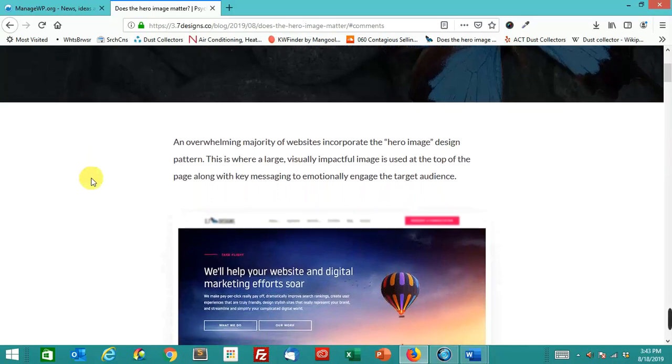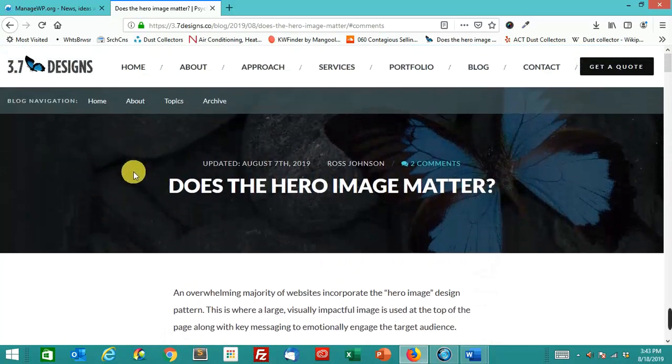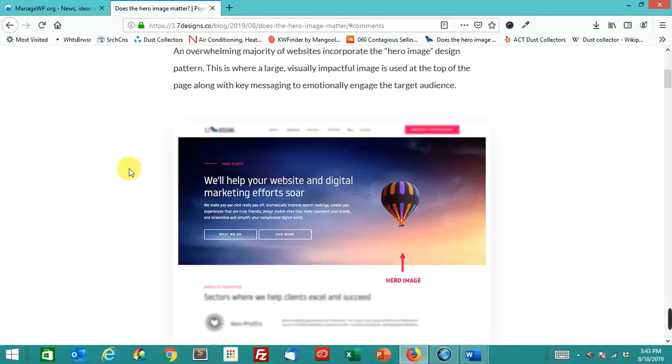It talks about how a lot of websites incorporate the hero image. This is more like a banner, but usually the hero image is a big, full width, full height image that appears at the top of a page.